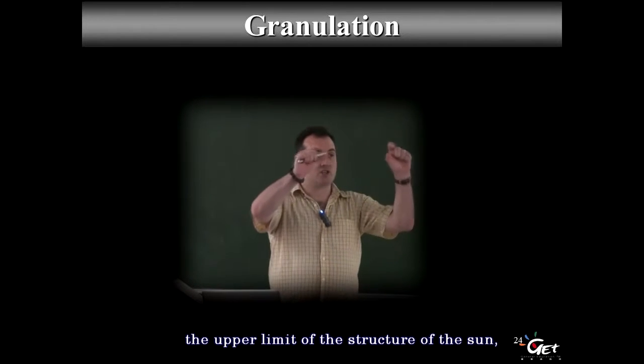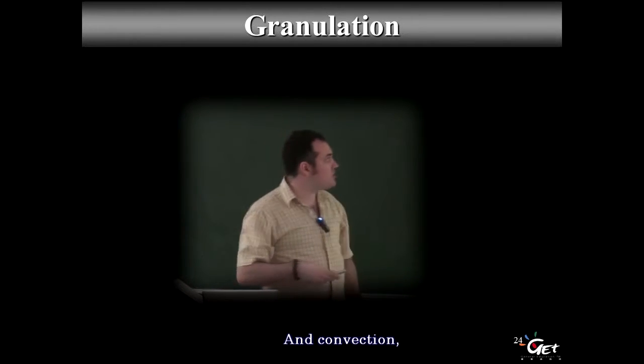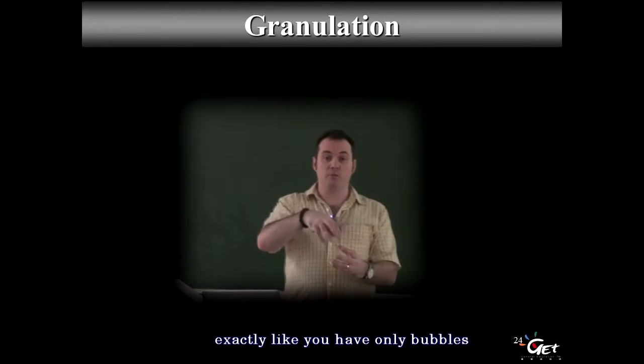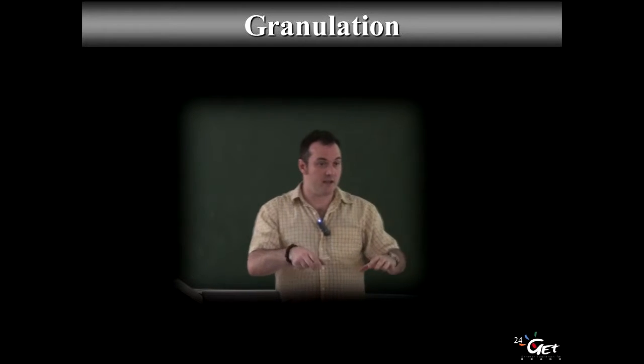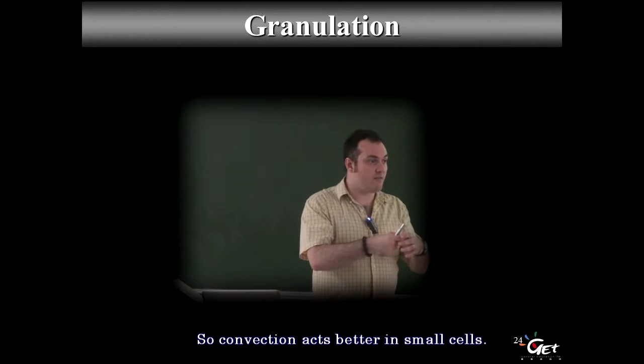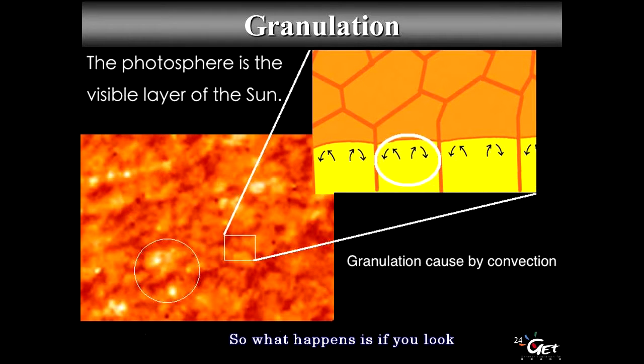Remember, in the upper part of the structure of the sun, you have this convective zone. And exactly like the many bubbles you get when you boil water, you have many different bubbles at the surface. So convection acts better in small cells. If you look at the surface of our sun and zoom in, you will see those different cells corresponding to convection.